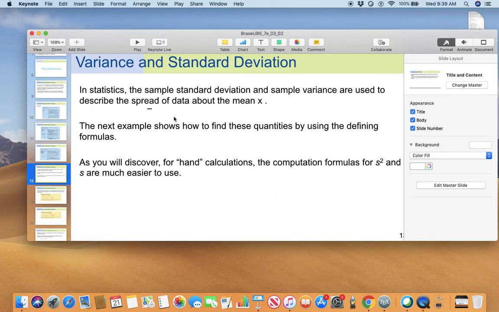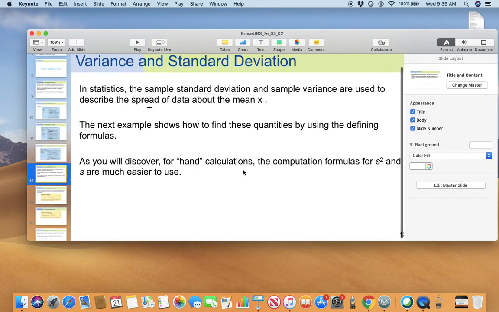In statistics, the sample standard deviation and sample variance are used to describe the spread. The next example will show how to find these quantities using the defining formula. For hand calculations, the computational formulas for s squared and s are much easier.